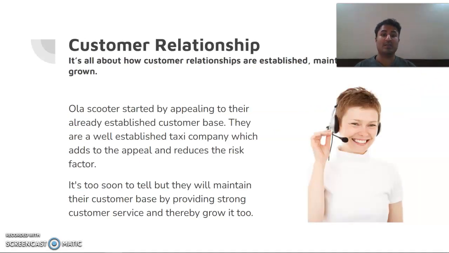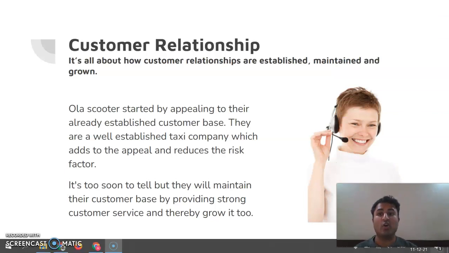Customer relationship. Customer relationship is all about how customer relationships are established, maintained and grown. Ola Scooters started by appealing to their already existing established customer base. They are a well-established taxi company which adds to the appeal and reduces the risk factor for its investors.